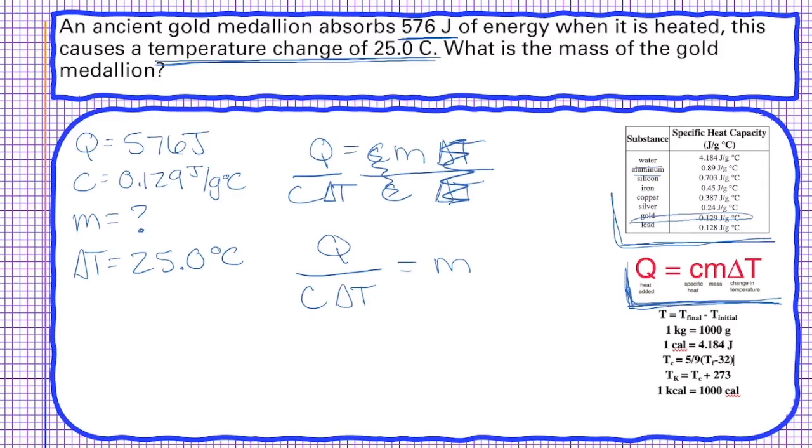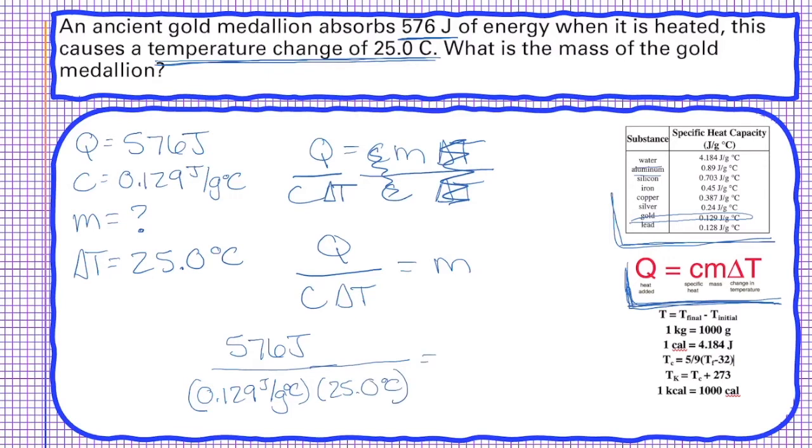And so let's go ahead and plug our variables in. Q is 576 joules of energy. C is 0.129 joules per gram degree Celsius. And my delta T is going to be 25.0 degrees Celsius.